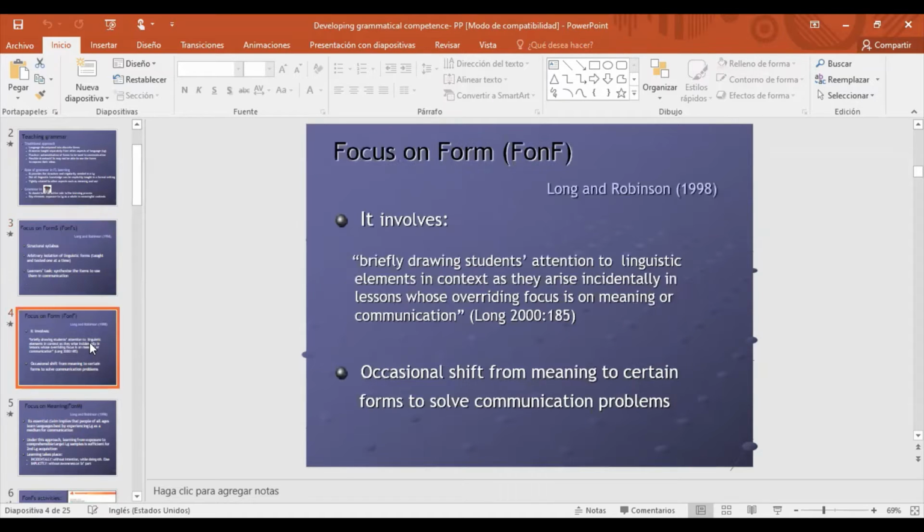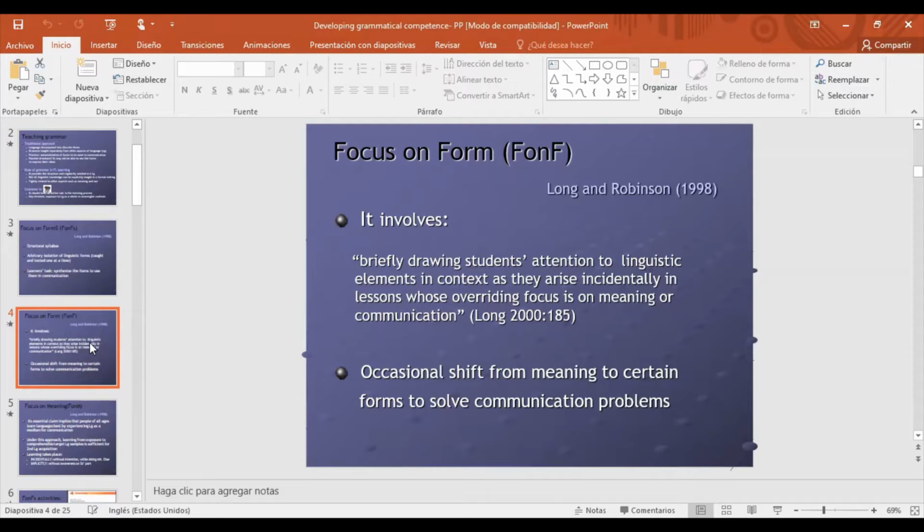Then we also discussed this new change in focus, which has to do with a focus on form without the S, in which language is presented as a whole, but when there are instances in which a focus has to be done on a particular form of the language, the idea is to do so, right?